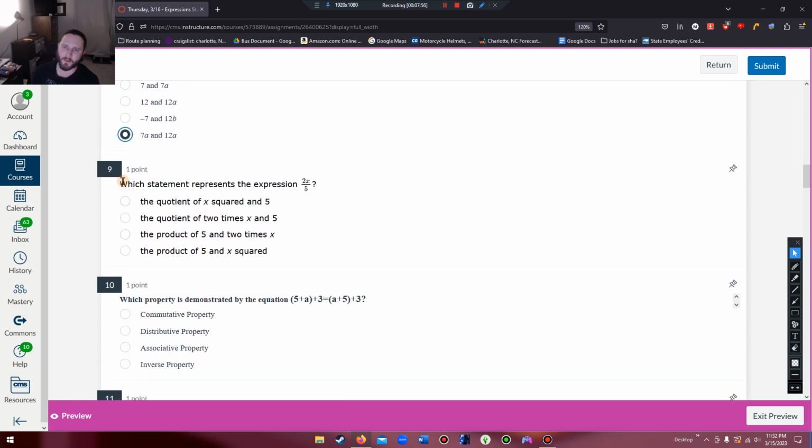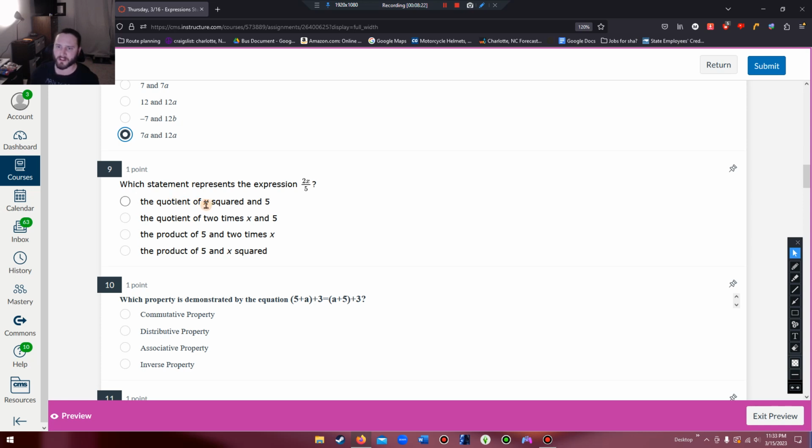For number 9, which statement represents the expression 2x over 5? Okay, so 2x over 5. That means the 2 and x are being multiplied, okay? And all of that is being divided by 5. So we need something that has multiplication and division in it. Well, A says the quotient, that's good, quotient means division.